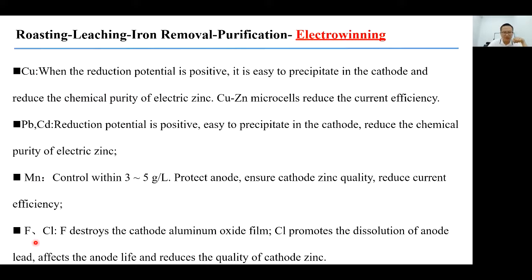And those halogen elements should be removed to a deep level. Otherwise, it will lower the lifetime of the anodes, and also the cathodes, because they are made of aluminum.